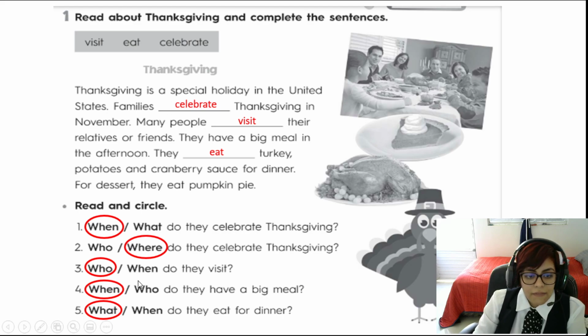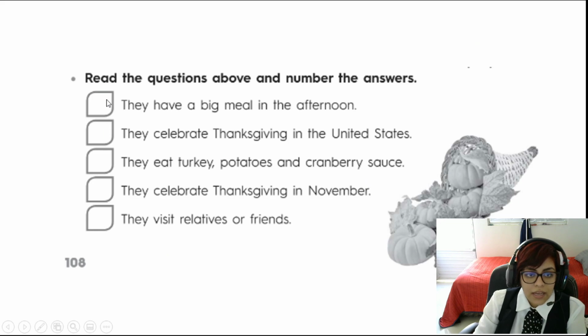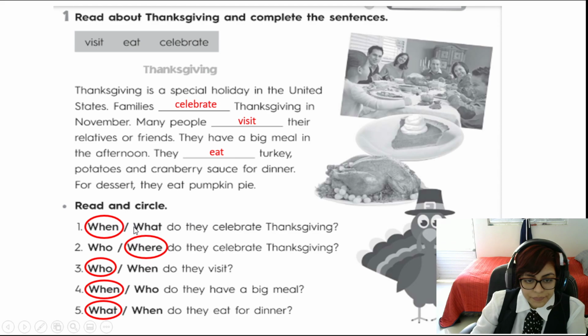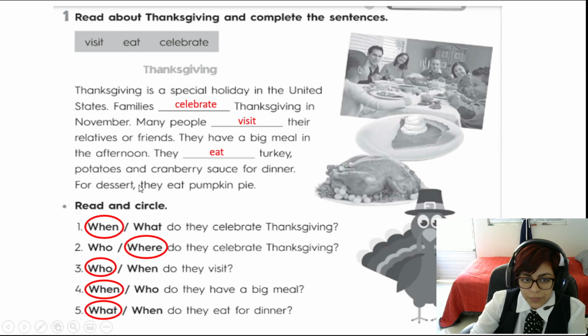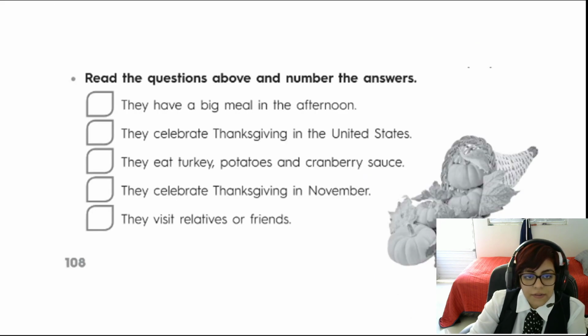So we have these answers, and we're going to answer by reading the questions. We are going to read the question above and number the answers. Which one is the number 1 that says, when do they celebrate Thanksgiving?